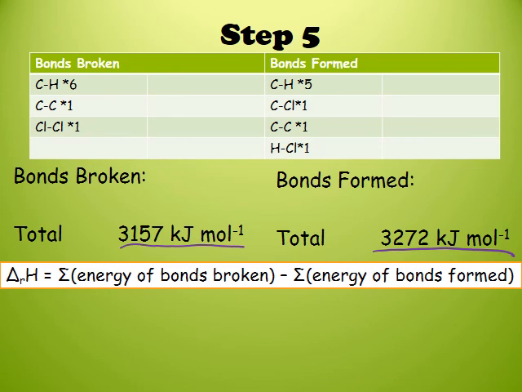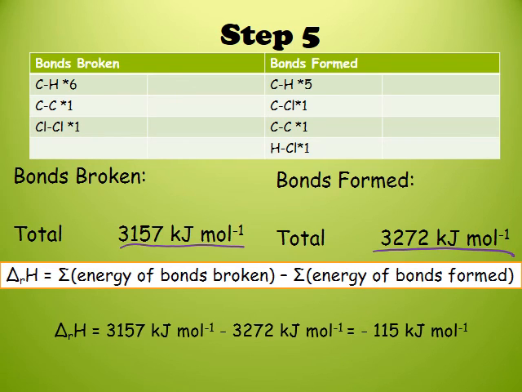So you do a simple subtraction and you get the answer minus 115 kilojoules per mole. And because it's negative, it's going to be an exothermic reaction. And that is how you use bond energies to calculate the change in enthalpy of a reaction.